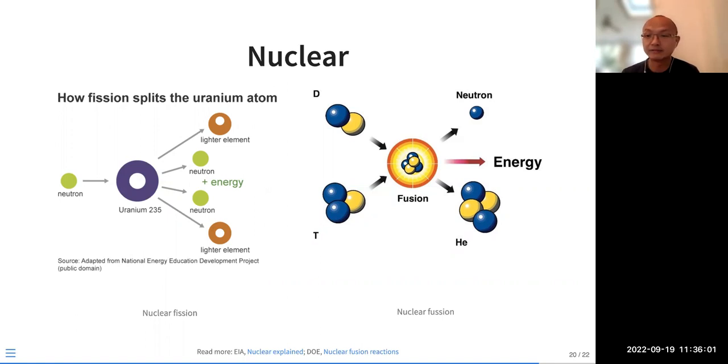And the chain reaction can be very fast. That's why the atomic bomb is so powerful. So nuclear power plants are basically using different technologies, no matter what generation of technology you're talking about, to try to control the process so we can harvest the energy in a peaceful, reliable, and safe way.